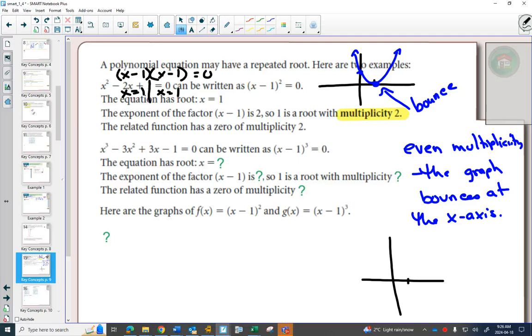Which kind of makes sense because your x-intercept would be 1. And it moves it 1 to the right. And what did our x cubed graph look like? Our x cubed graph looked like this. Technically, when we drew our x cubed graph, a lot of times we actually didn't graph it perfectly.